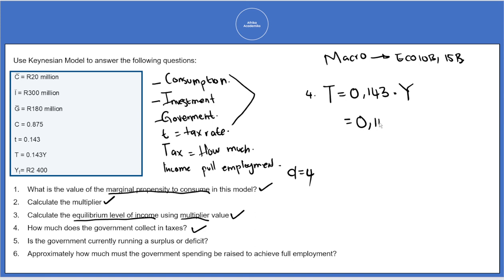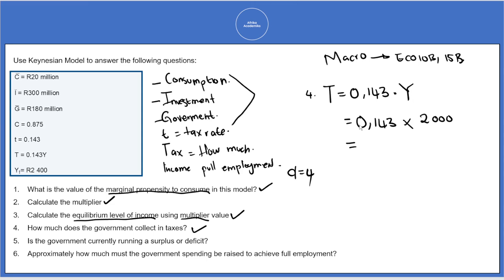Okay, 0,143. And then what is our Y? The Y is the one that we calculated just now, and we got 2000 million. I'm just reminding you, but you don't have to write the 2000 million. You can just write the 2000 there. It'll be fine, just like that.